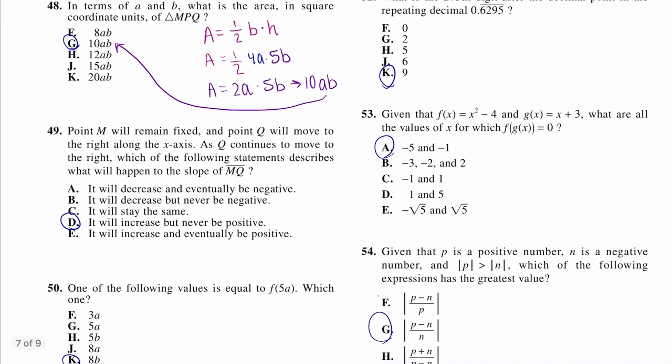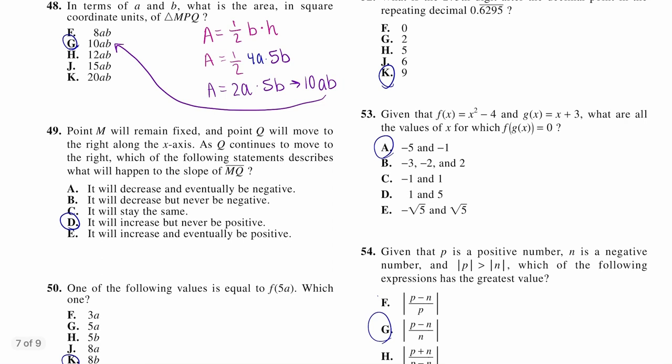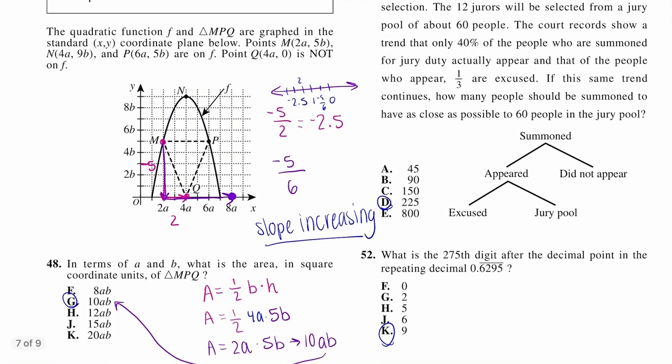So let's look which one will say our slope is increasing. A doesn't, B doesn't, C doesn't. It will increase but never be positive, or it will increase and eventually be positive. So the reason that it's D, it will never be positive, is because our slope is always going to look like this.